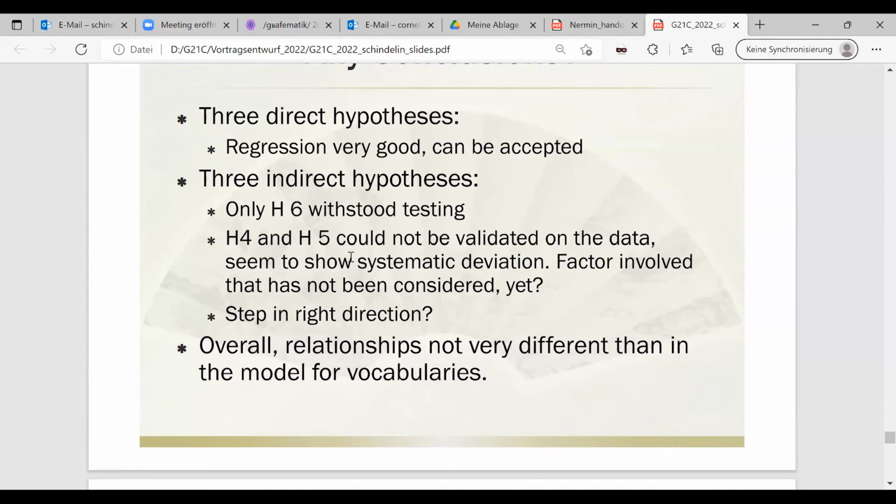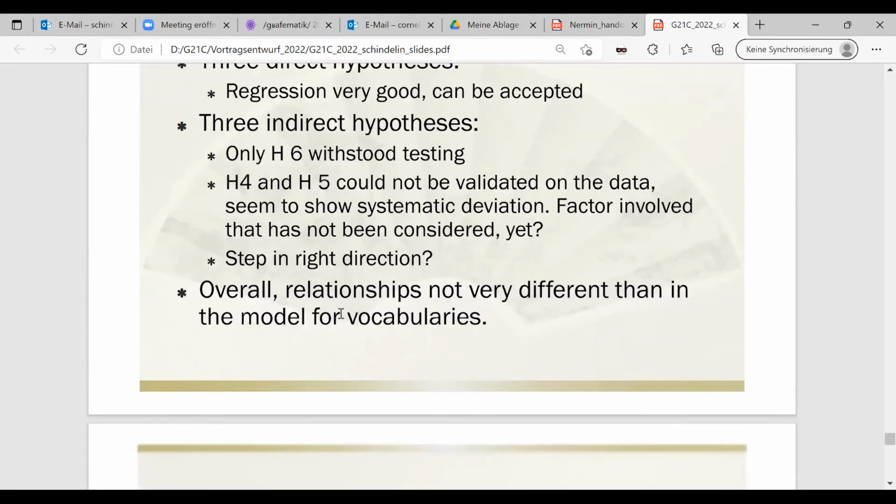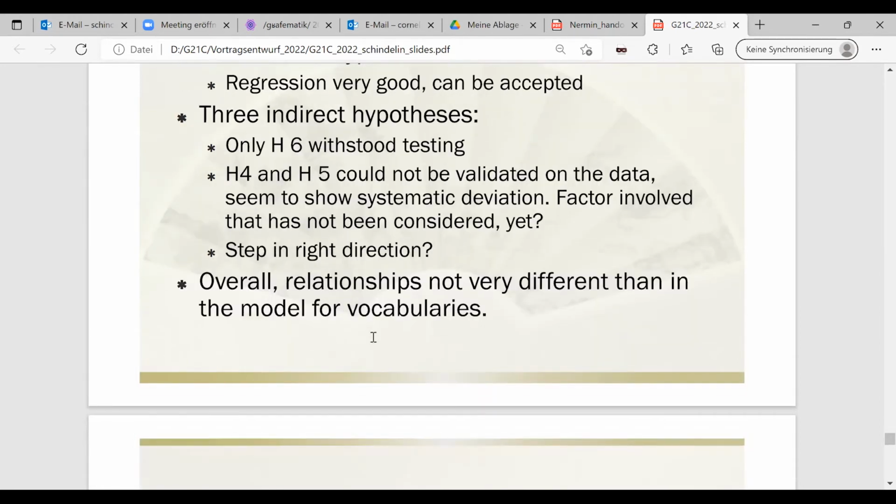And there are problems with that that have been discussed in the literature also. The last hypothesis withstood testing. It was good enough to pass the test, but H4 and H5 could not be validated on the data. There seems to be some systematic deviation, maybe a factor involved that needs to be yet considered. Maybe they can be evaluated as a step in the right direction.